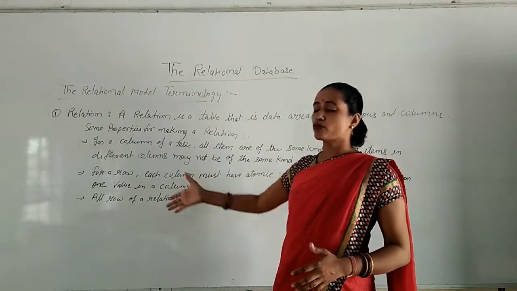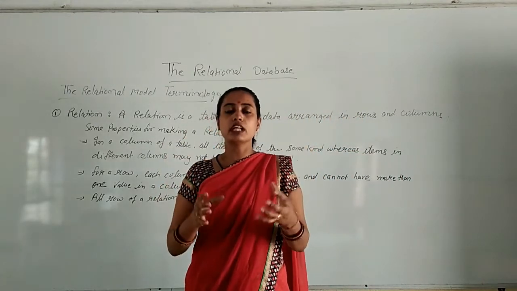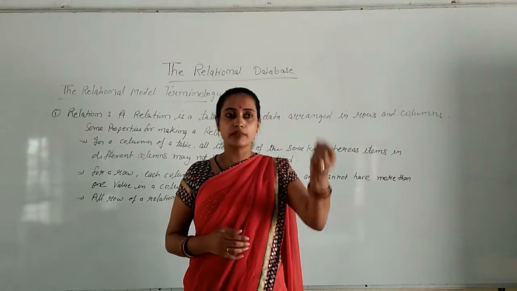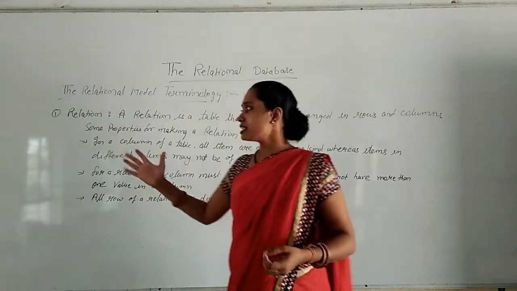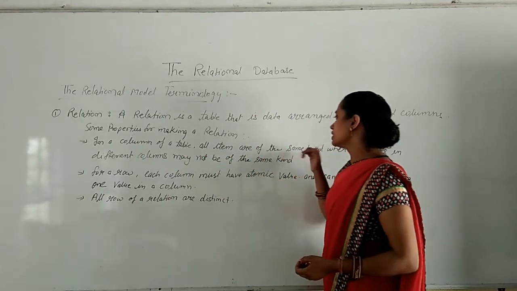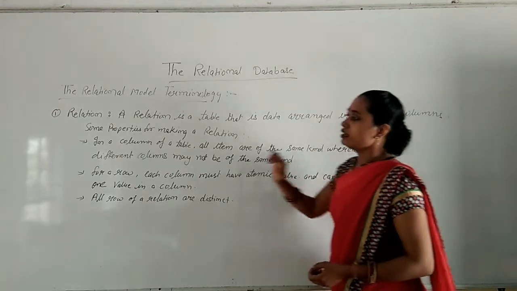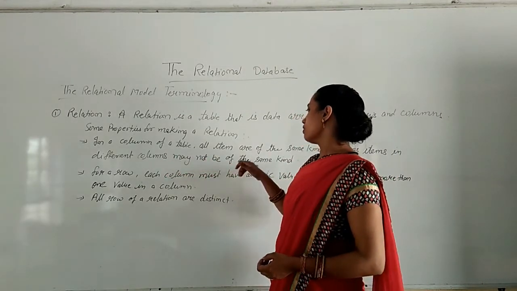So we have some properties for making a table. What do we have to keep in mind when we are making a table? So the first thing is: in a column of a table, all items are of the same kind, whereas items in different columns may not be of the same kind.